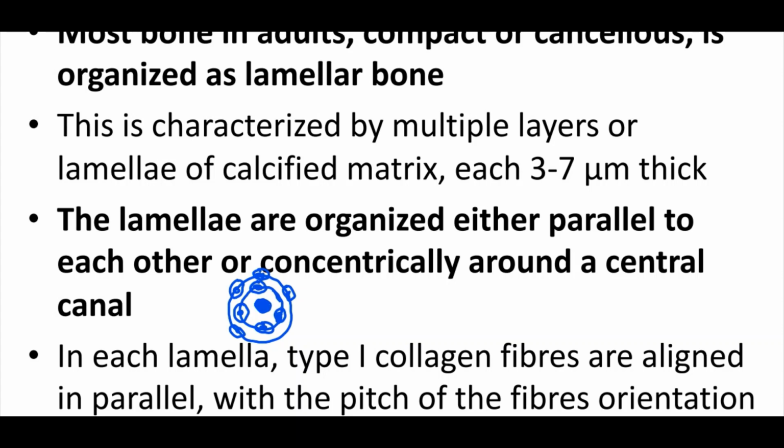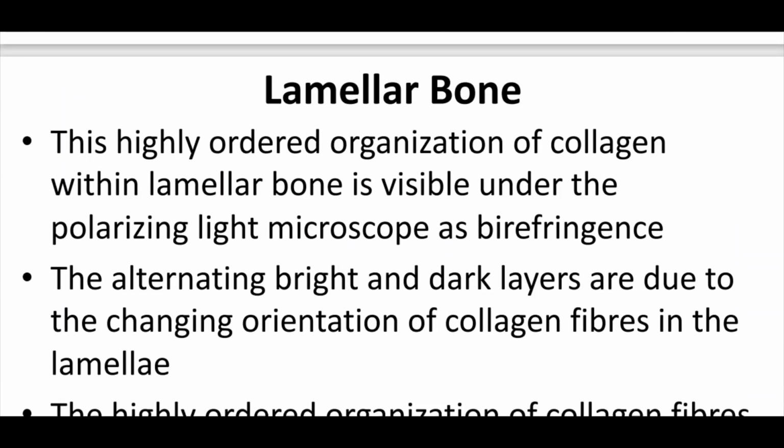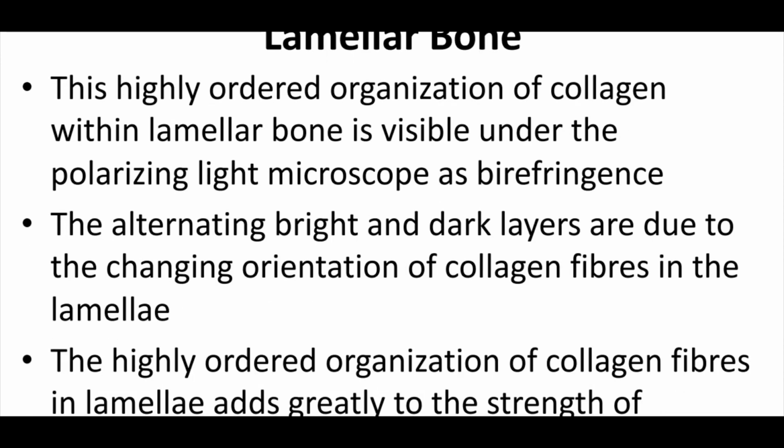Each lamella has got collagen type 1 fibers aligned in parallel, with the pitch of the fibers' orientation shifted orthogonally in successive lamellae. So lamellar bone is highly ordered. There is an ordered organization of collagen within lamellar bone and it is visible under the microscope.